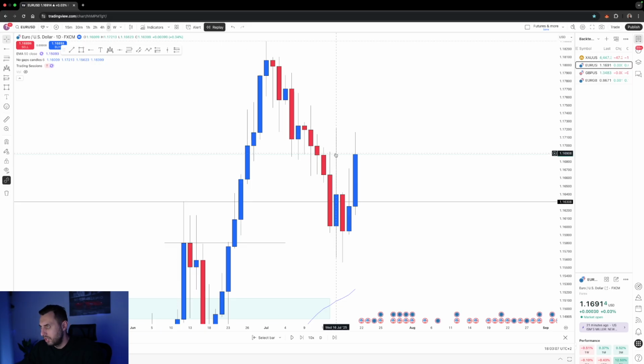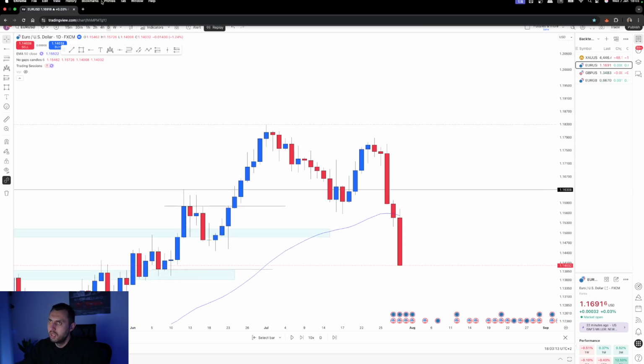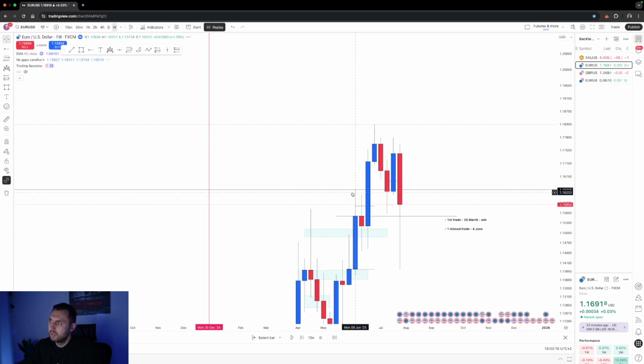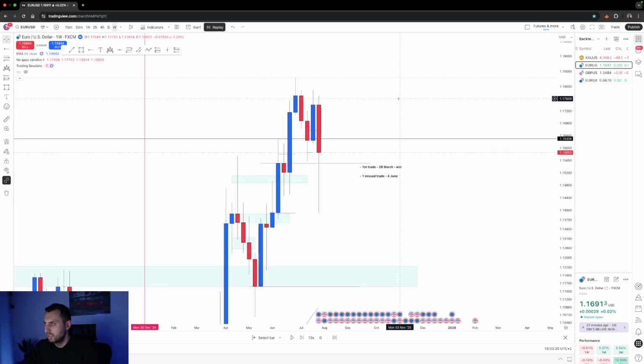So let's see on the daily what's going on. So it's pushing up, yeah, and then push down. So as we can see, the rejection indicates that there are sellers in this zone. This zone is exactly somehow the zone that I anticipated, that I marked earlier.